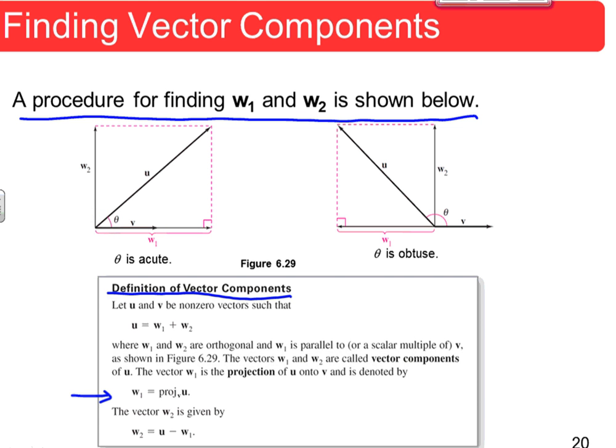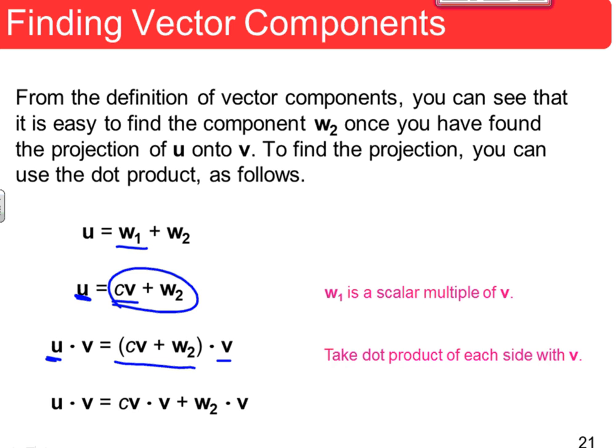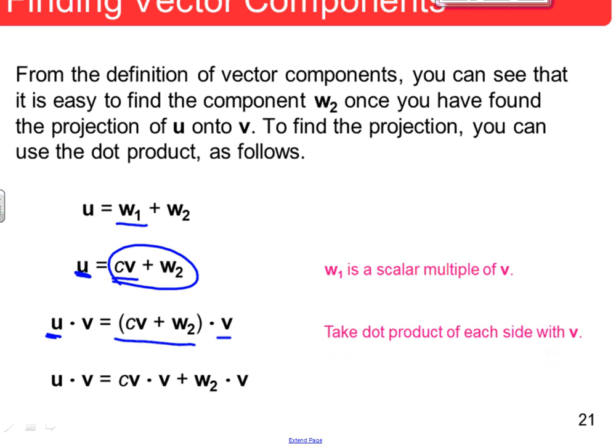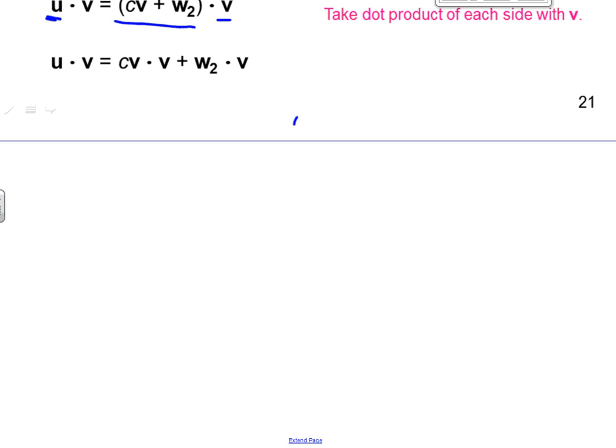So when we go back to this slide we were just looking at, W2 dot V should be equal to what? 0. And so we can say U dot V equals, remember we have in our properties that V dot V is the same as the norm of V squared, plus 0. So we can do some substituting right there.